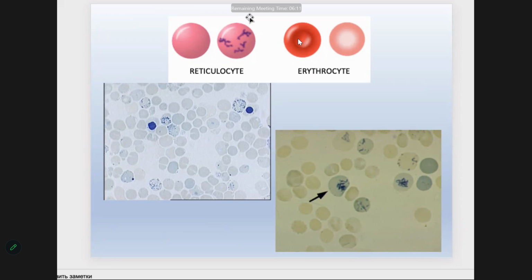The increase of the content of reticulocytes is observed with blood bleeding and hemolytic anemia. So the increased percentage of reticulocytes we can meet in anemia and blood bleeding. So that's all about the red blood cells, erythrocytes.